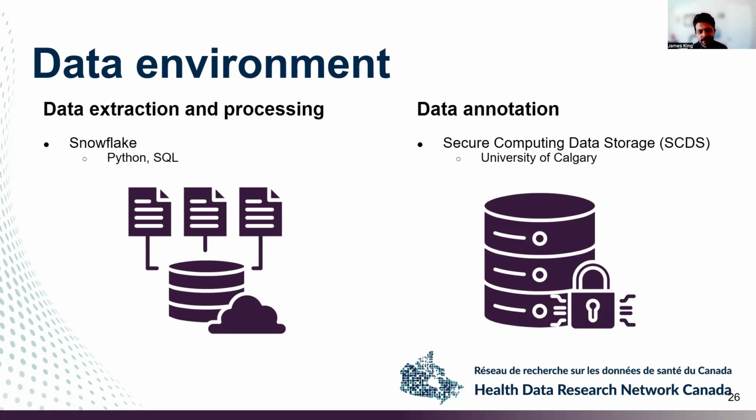But once that data is actually ready to be annotated, we've got the capacity to host that information on the secure computing data storage environment, which is embedded within the University of Calgary.